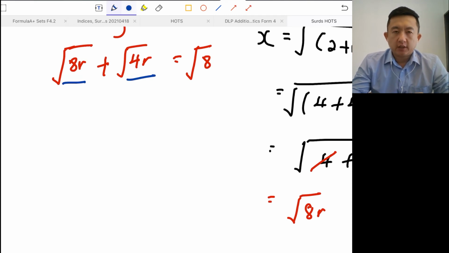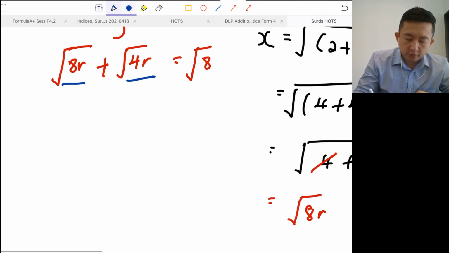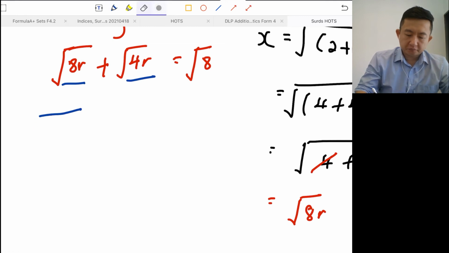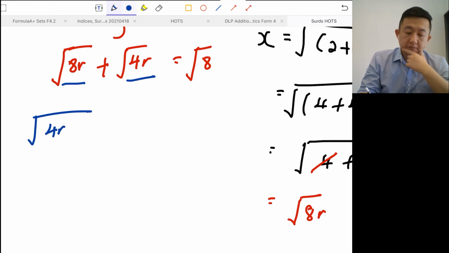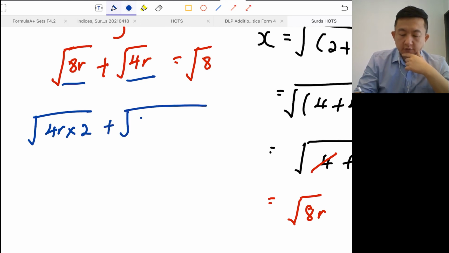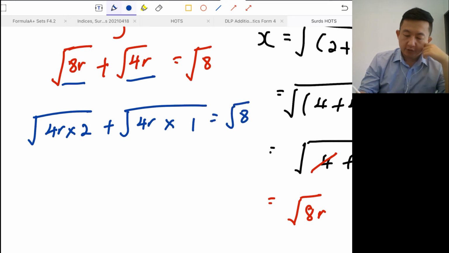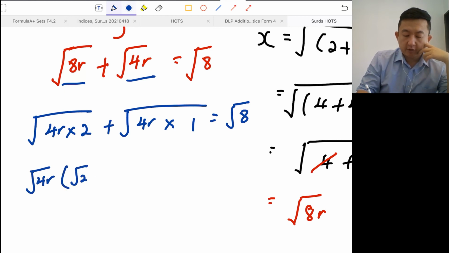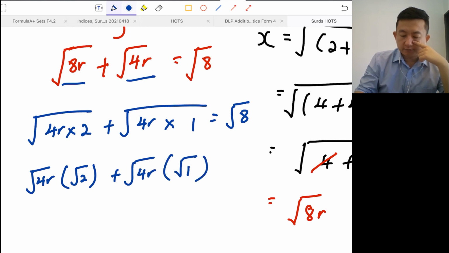So what you can do, you can break it down to square root 4R times 2 plus square root 4R times 1 equals square root 8, and you can change the way of writing it. Square root 4R bracket square root 2 plus square root 4R bracket square root 1.